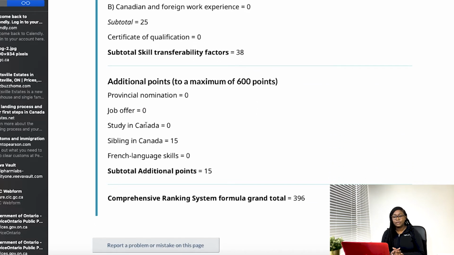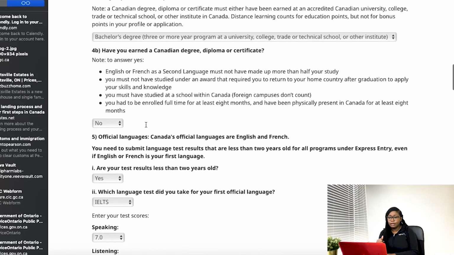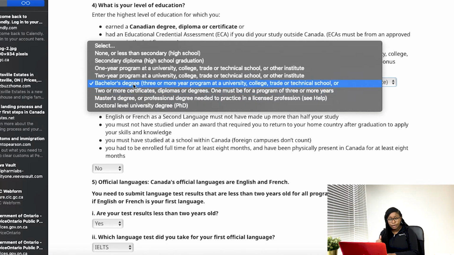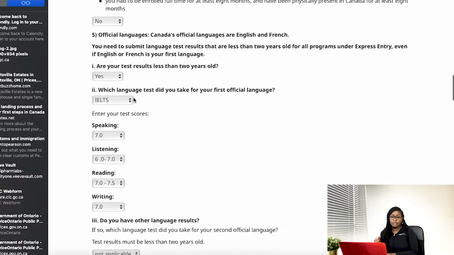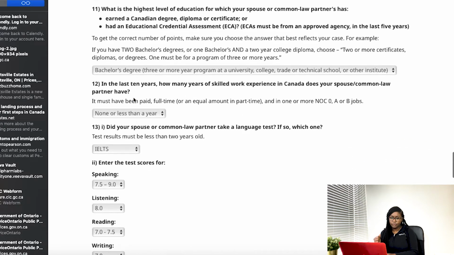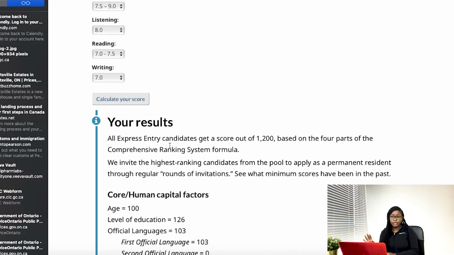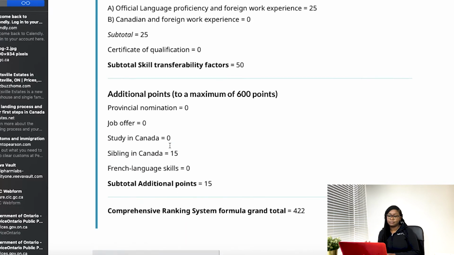396. Just you change your degree and then you change the English test. You just lost 90 plus points. If I go back and I keep the master's degree and just change the scores, let's see, 422.